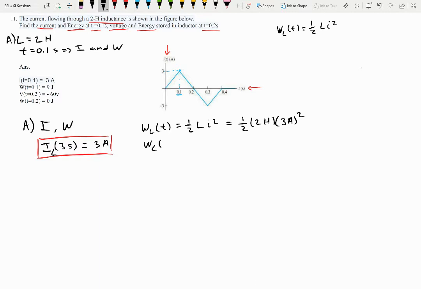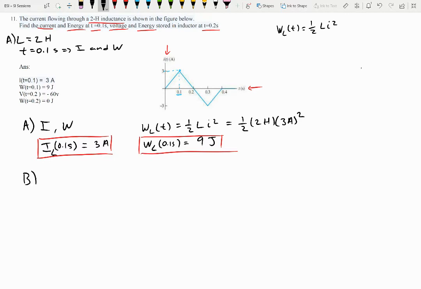We will end up with 9 joules. And it occurs to me, this is supposed to be 0.1 seconds.